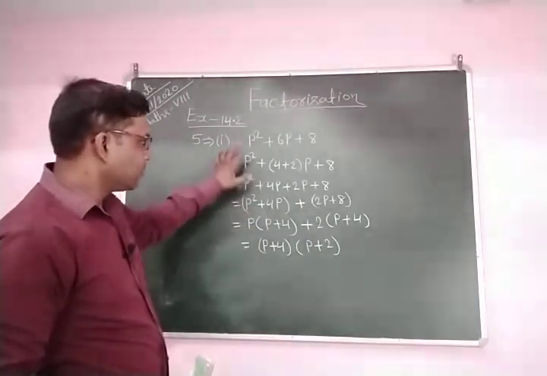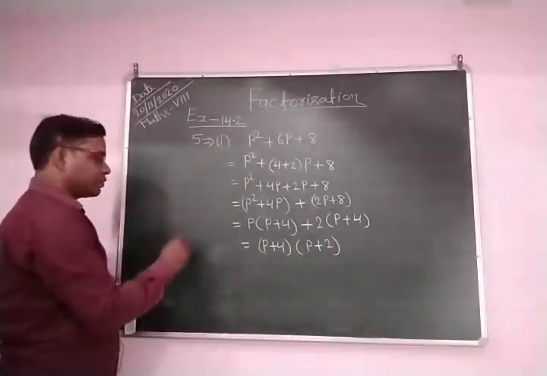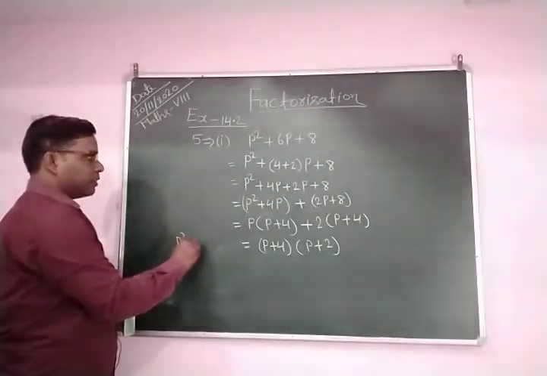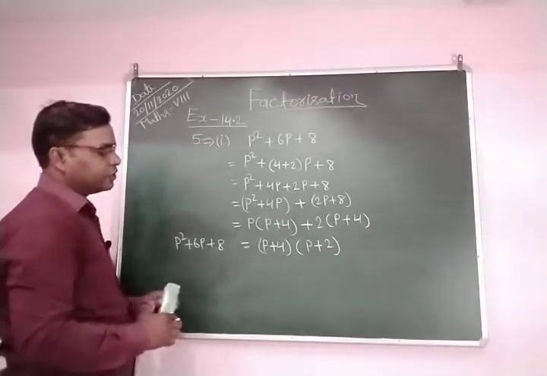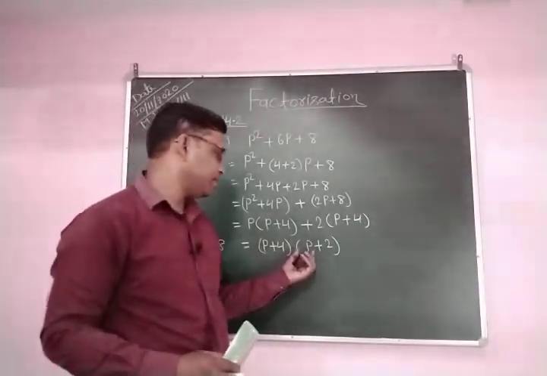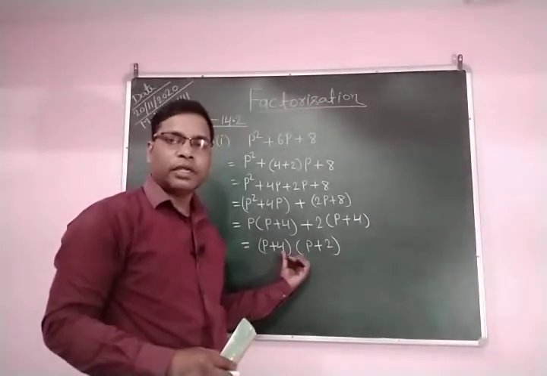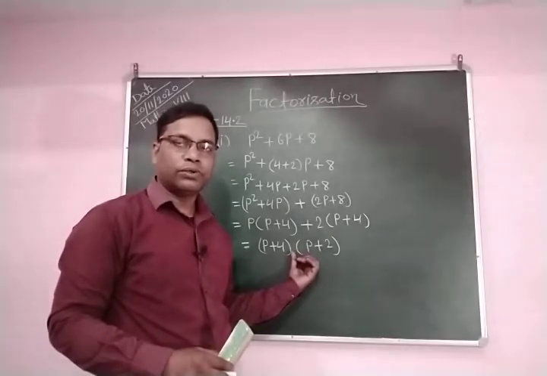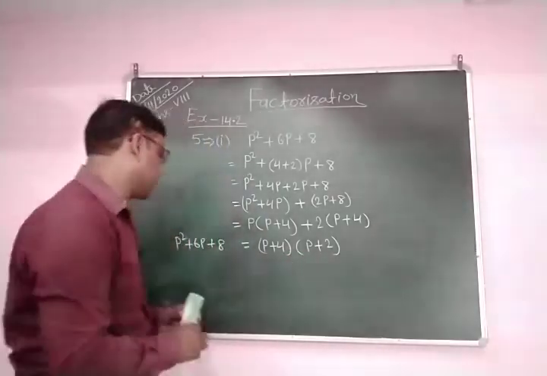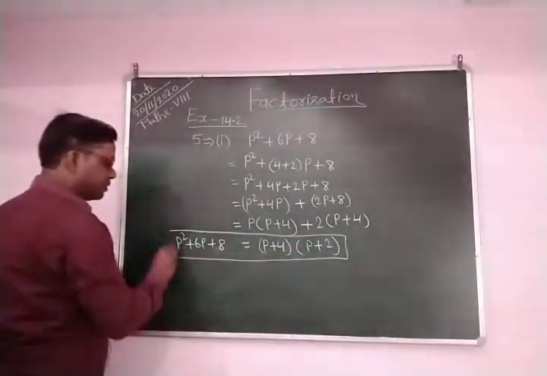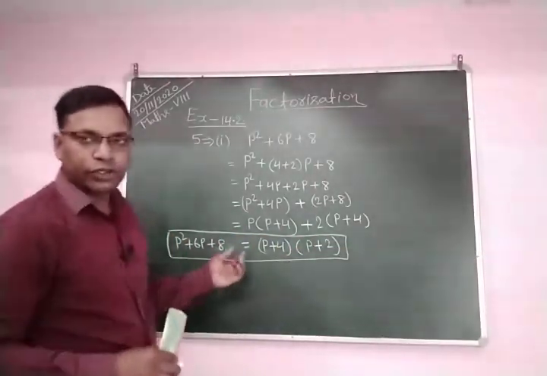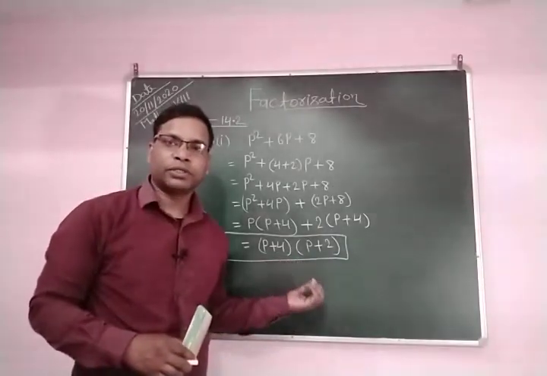So in this way you find the factors of p square plus 6p plus 8. The factors of p square plus 6p plus 8 are equal to (p plus 4) into (p plus 2).